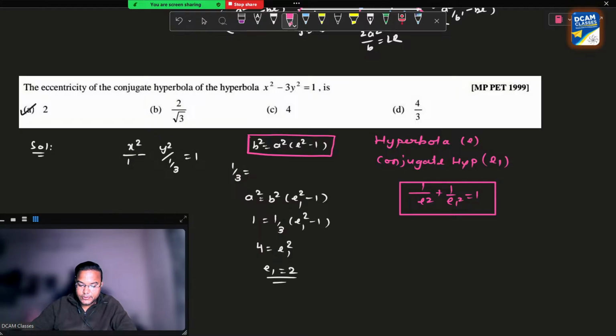Let's try to do this question quickly. You should be able to do it. It's not difficult for you.